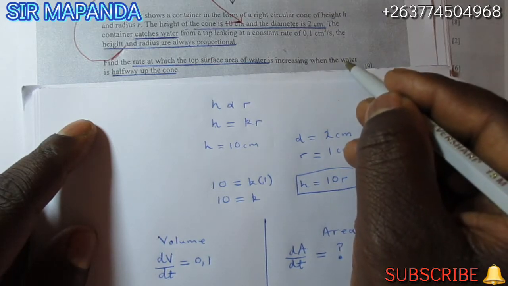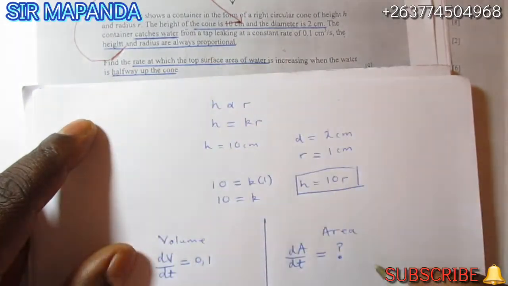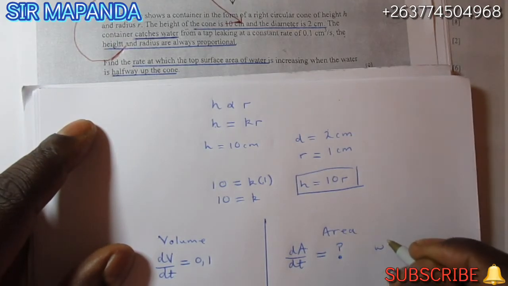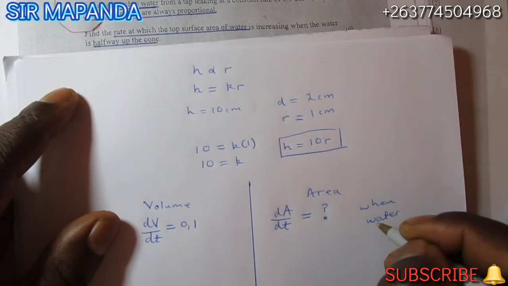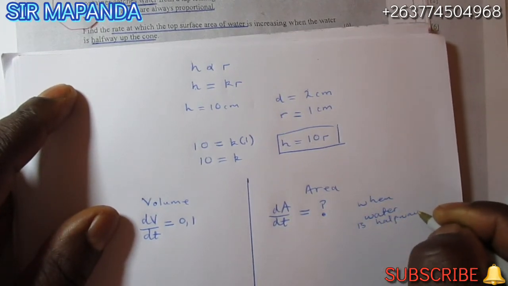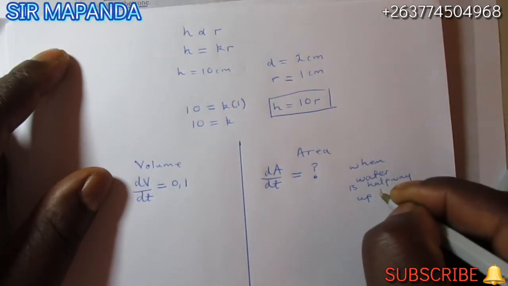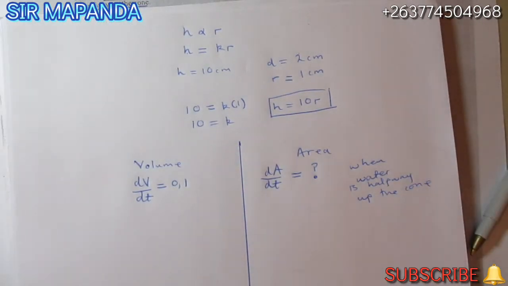Right. When the water is halfway up the cone, it is very important. Take note of this crucial statement, right? So, what I want you to do now is, we need to create another differential coefficient on the volume side.